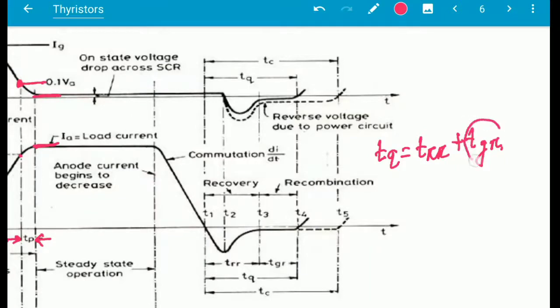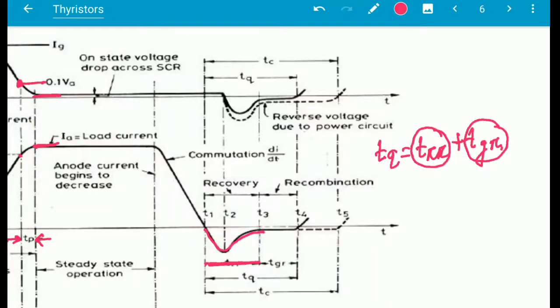And what is reverse recovery time? From when the anode current becomes 0 until the reverse recovery current has fallen to 0. This is the reverse recovery time from here to here.